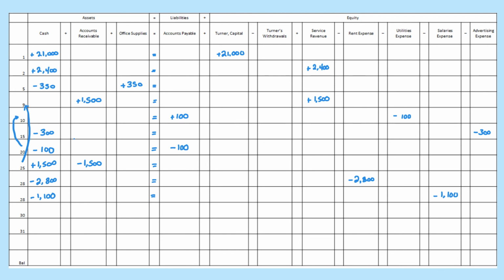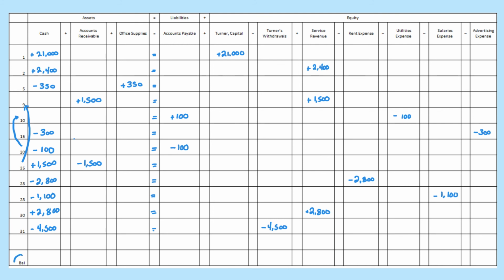So your cash will go up by 2,800 and service revenue will increase your equity by the same amount. Last transaction on December 31st, Cameron withdrew 4,500. So my cash will go down by 4,500 and withdrawals will decrease your equity by 4,500. Now we are done with the transactions.